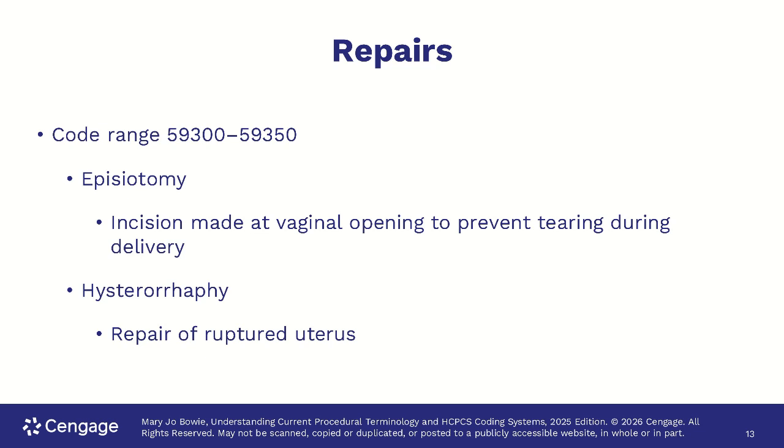Repairs can be done during delivery, such as the episiotomy. An episiotomy is an incision made at the vaginal opening to prevent tearing during the delivery. You also have a hysterorrhaphy, which is a repair of a ruptured uterus.